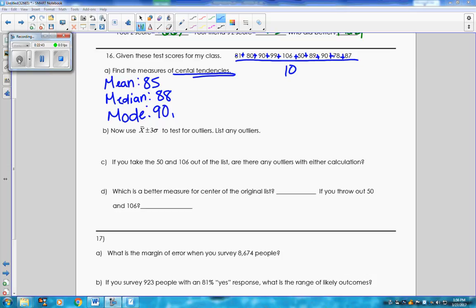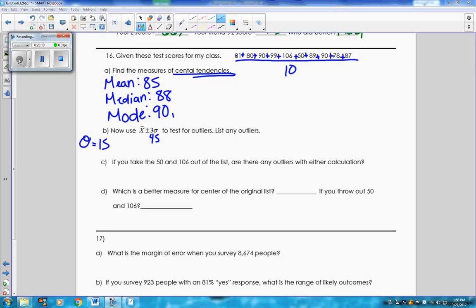Now, part B says to use the mean plus or minus 3 standard deviations to test for outliers in this list of numbers. Remember that you can use your calculator to find the standard deviation. So if you use your calculator, you should have gotten the standard deviation to be 15. So you're going to take 15 and multiply it by 3, which gives you 45.